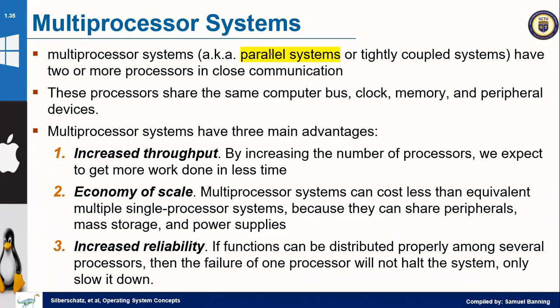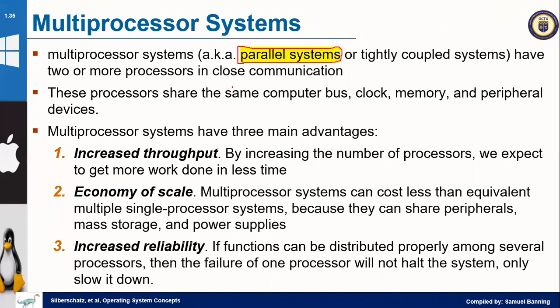They have two or more processors in close communication. These multi-processor systems are also called parallel systems. Those of you who have heard of parallel processing, it's because they have multiple processors in them, or sometimes it is threads.